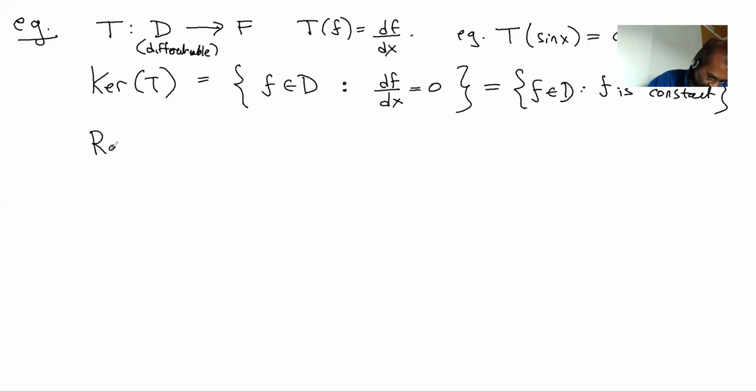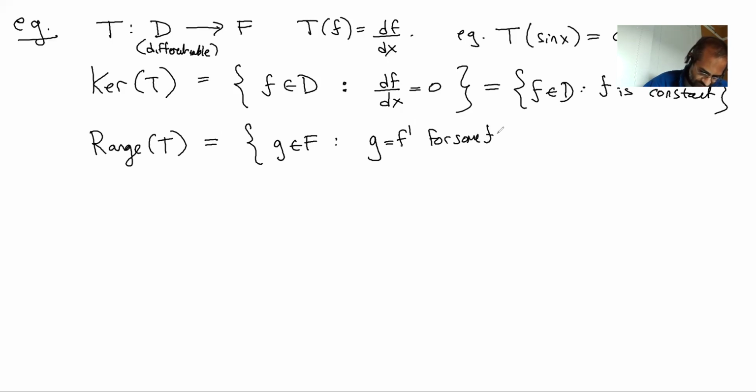Okay, what about the range of T? In this case, the range is actually something that's not so easy to describe. It's the set of all functions g in the set of all functions so that g is equal to the derivative of some function. So g is equal to f prime for some differentiable f in D. Now, there's not really a very concise way to write what that is.